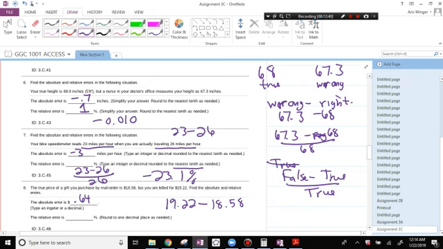The relative error is, and then you're just going to divide that by the right answer, 18.58.